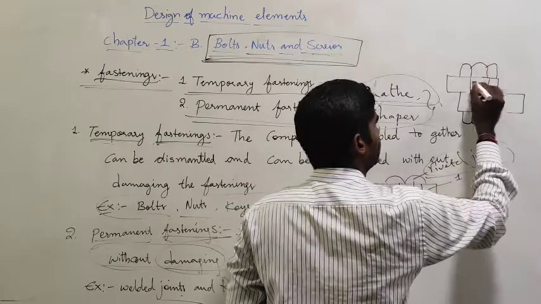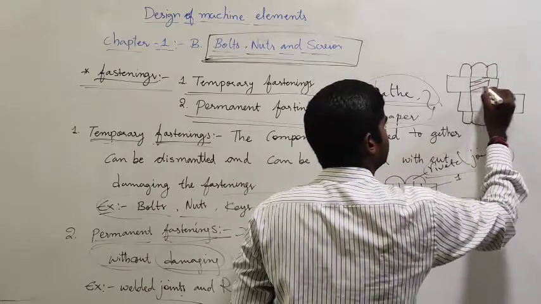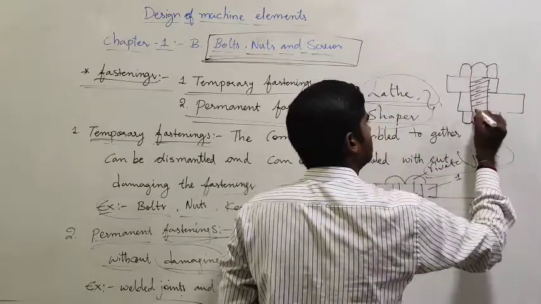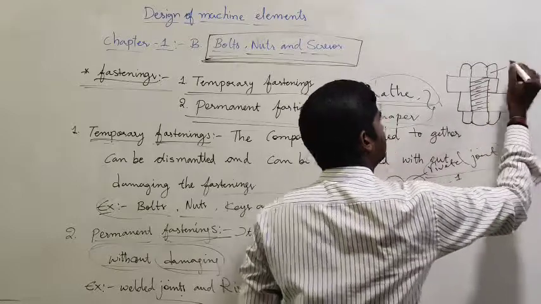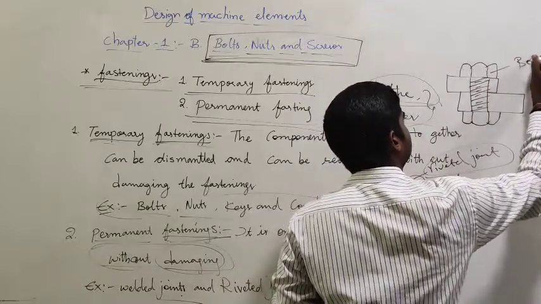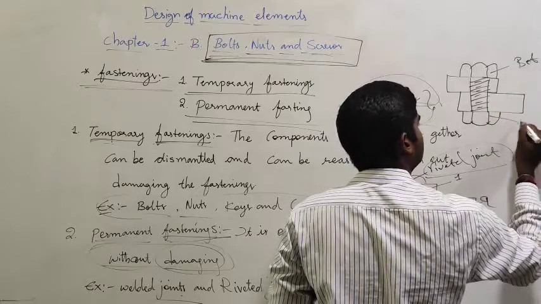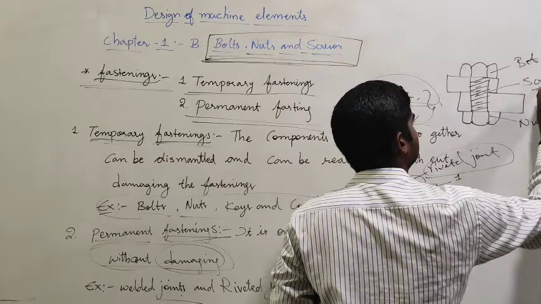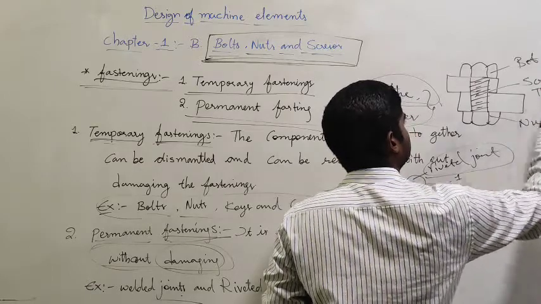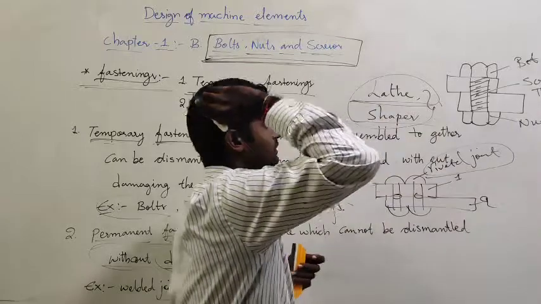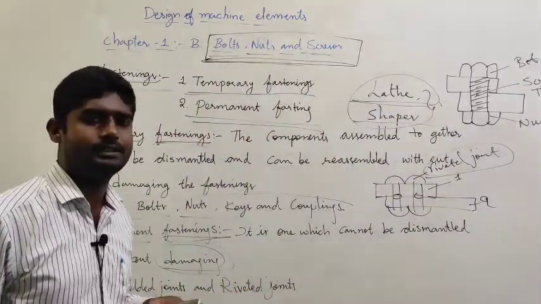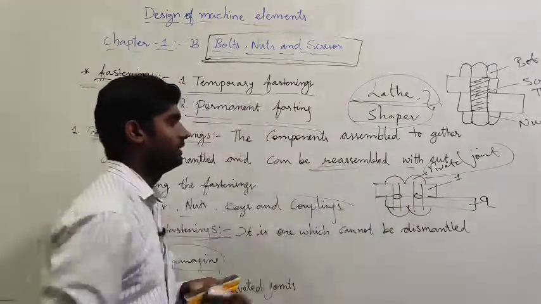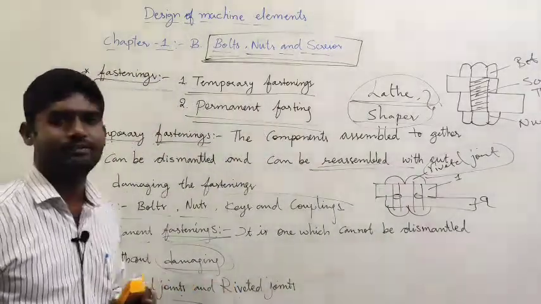Including screws also, like this is screw threads. See, this is one of the applications: a bolt, nut, screw thread. If you join any two components, or reassemble the two components, that is called temporary fastenings.